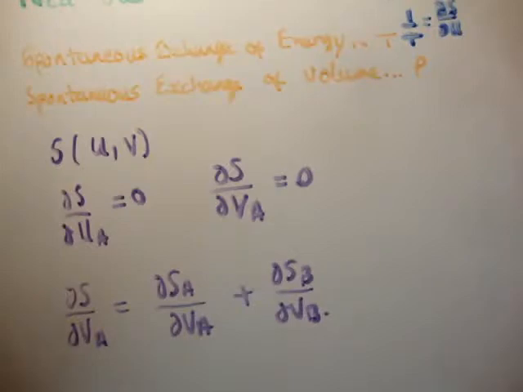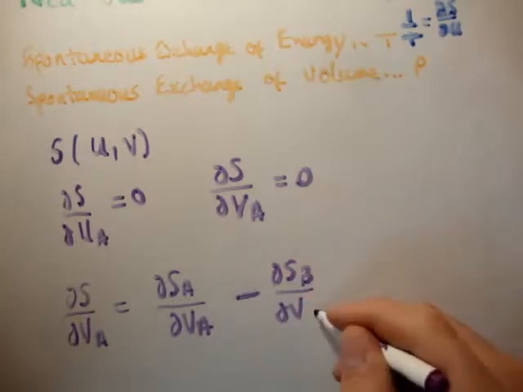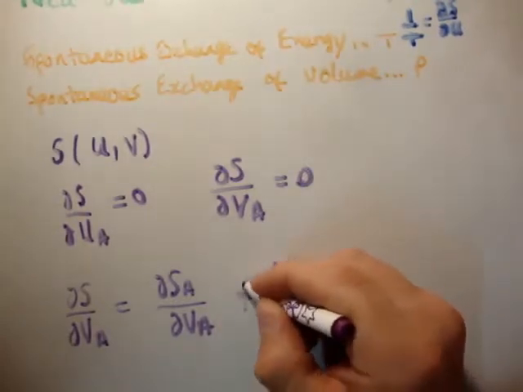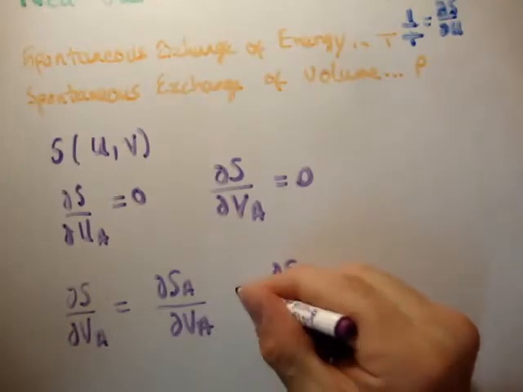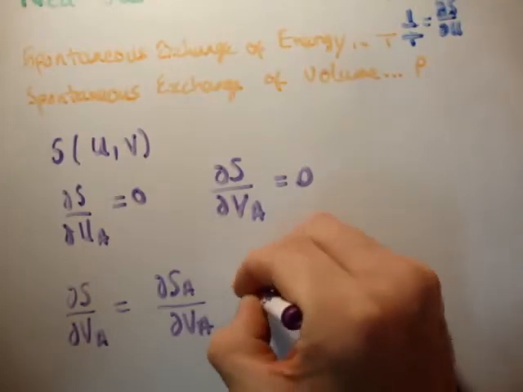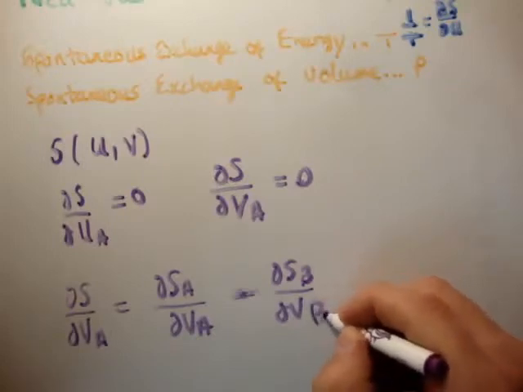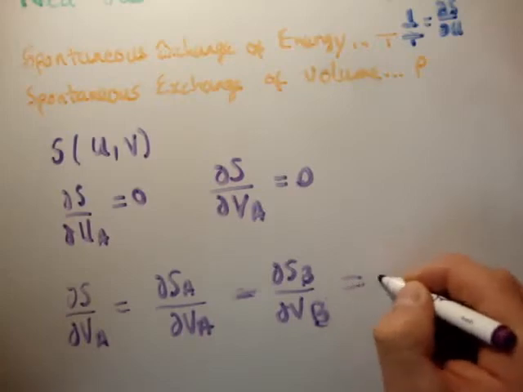Sorry, that should have been A the whole time. Excuse me, I'll write it properly. There, that's what it should be. But we know that del V A is minus del V B. So we can write it this way, and that's going to be equal to 0, of course.